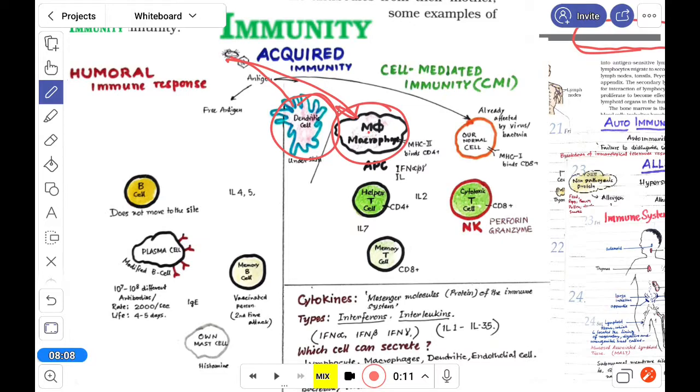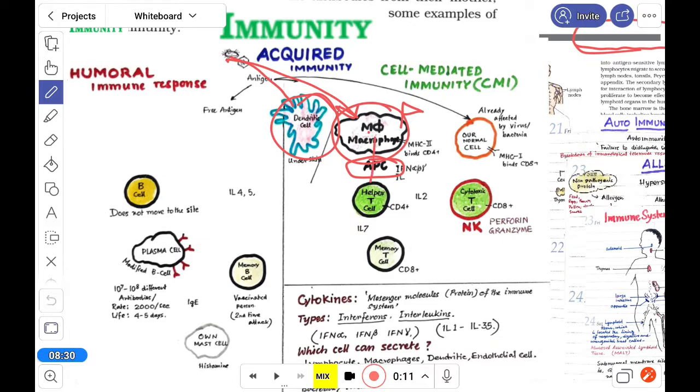The antigen is a protein, so it breaks into peptides, and it shows them like a flag-like structure. It shows that this is the antigen that you have to remember. That is why it is called an antigen presenting cell, APC.